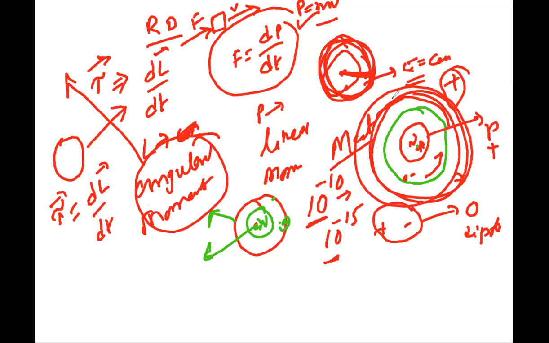Since it keeps revolving continuously, we say the angular momentum is constant. That means torque is equal to dL by dt. If the torque is zero, because once it reaches the orbit this is zero, you don't need to apply any torque.